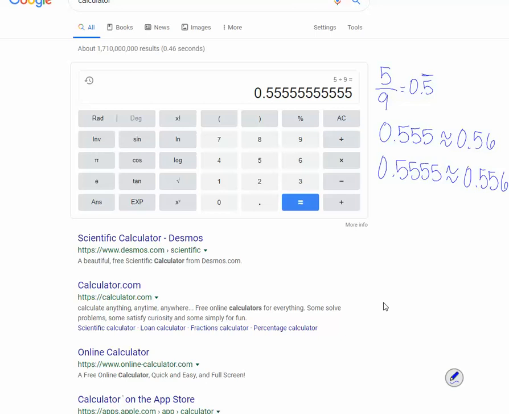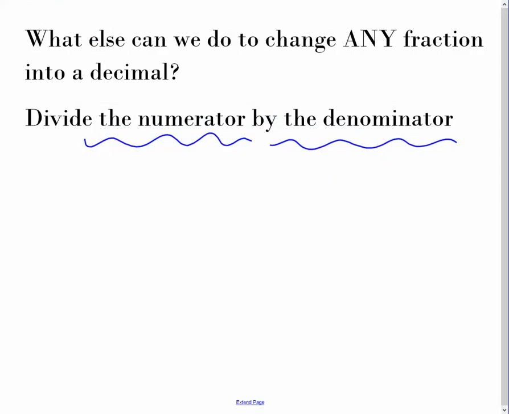So on your calculator, let's do a few examples. So let's do 5/6. So in your calculator, you're going to type in 5 first, and then divide by 6.